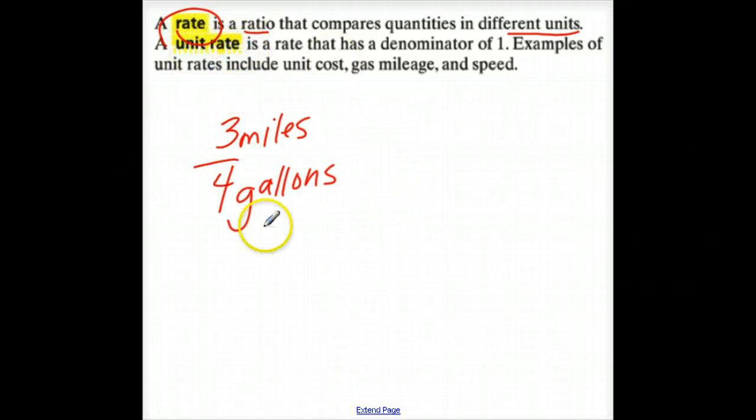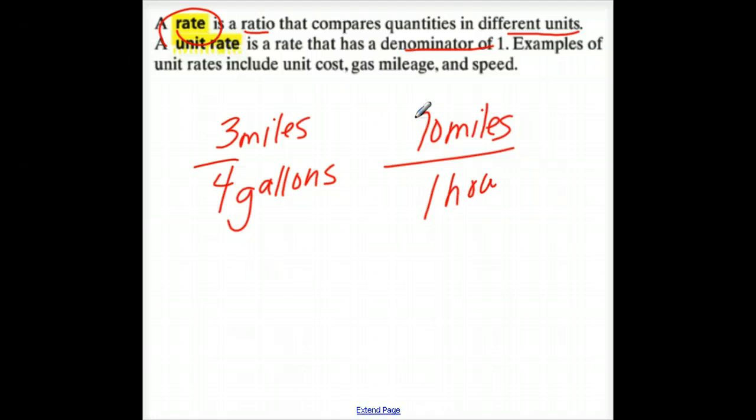A unit rate is a rate like this where there's two different units, but it has a denominator of 1. A unit rate that we see a lot that's very common is when we on the freeway can drive 70 miles in 1 hour. So it's a rate because the units are different, but it's a unit rate because the denominator is 1.